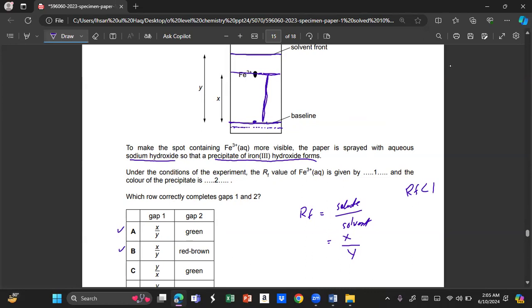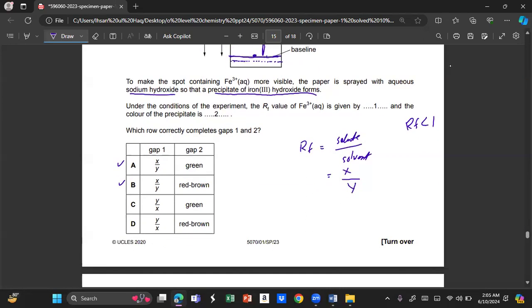Options C and D are totally rejected because in this case, the answer will exceed 1. You see, iron 3 compounds are mostly reddish brown. Iron 3 is responsible for rust.